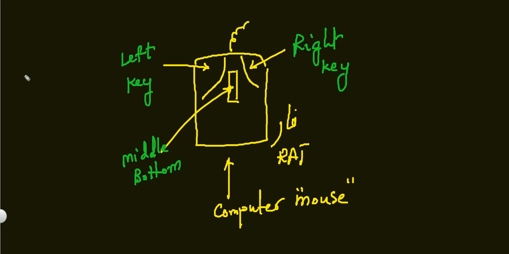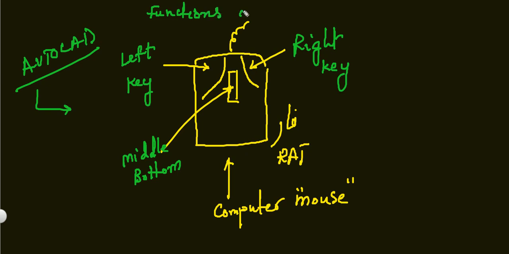In AutoCAD, we're talking about the functions of each key in AutoCAD. This is the title of this video: functions of each key in the mouse. You can call him rat, you can call him whatever you want, but I call him mouse.